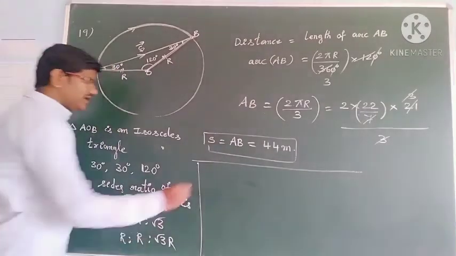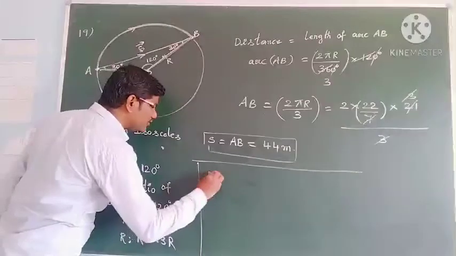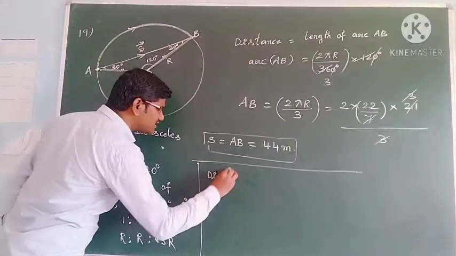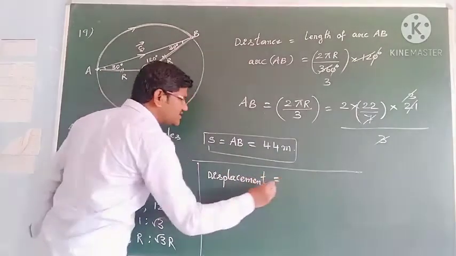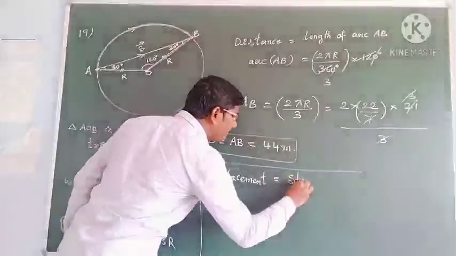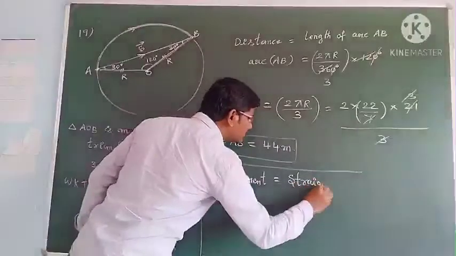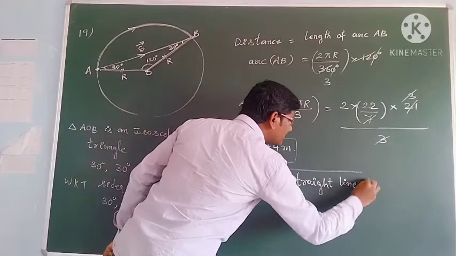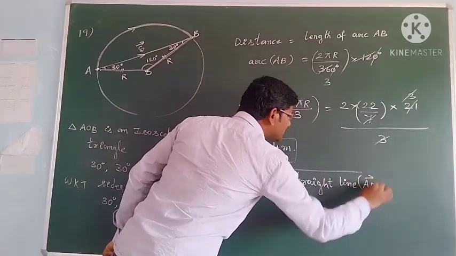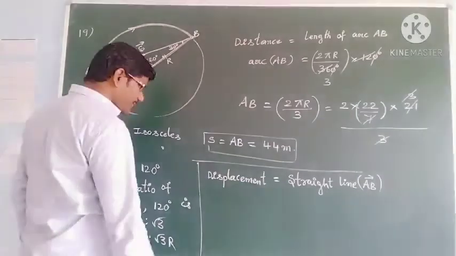So displacement AB is equal to, displacement means the straight line AB bar.